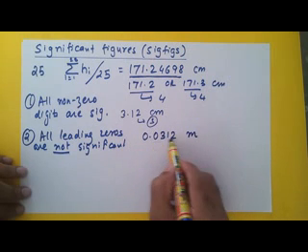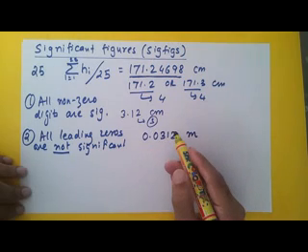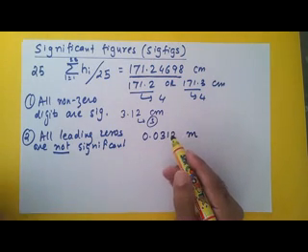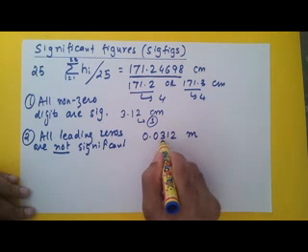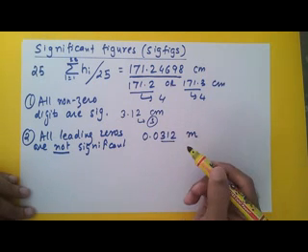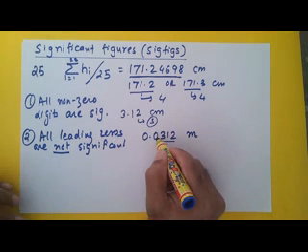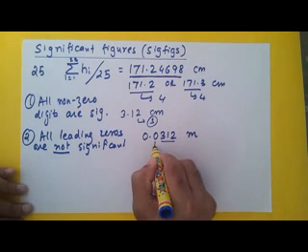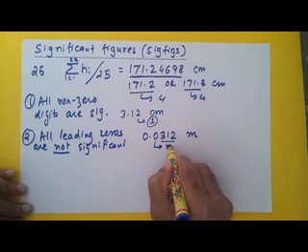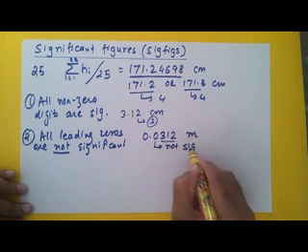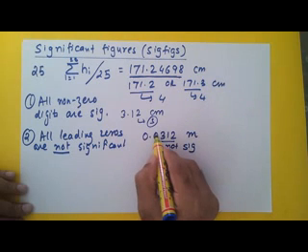Now, if somebody looks at this, there are 4 digits over here, and somebody may say that the number of significant digits here is 4, whereas actually in the measurement there are only 3 digits. This 0 has come because of change of unit. It has not come because of the measurement, and therefore we say that this 0 is not significant. This is an example of a leading 0.